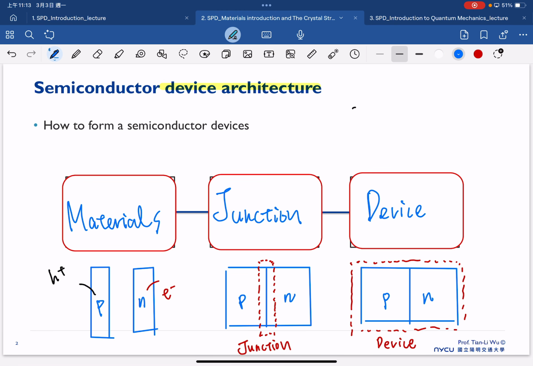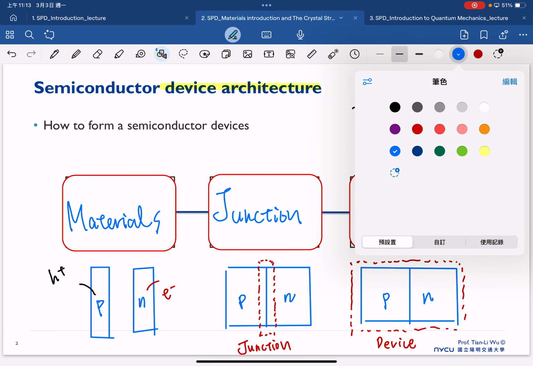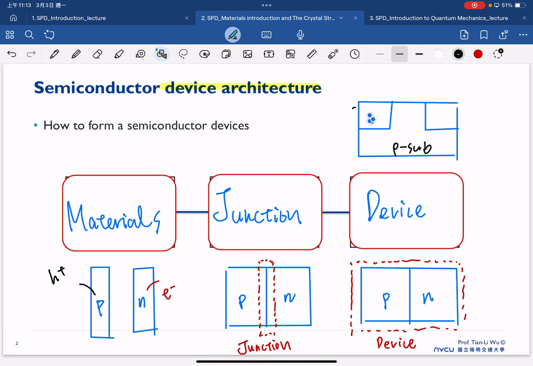So in the case of MOSFET, we all know that we have a certain substrate, for example, the P-type substrate. And on top of the P-type substrate, we have the source and drain here, which are N plus.